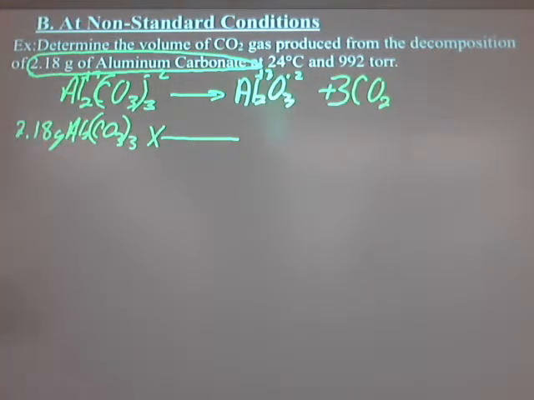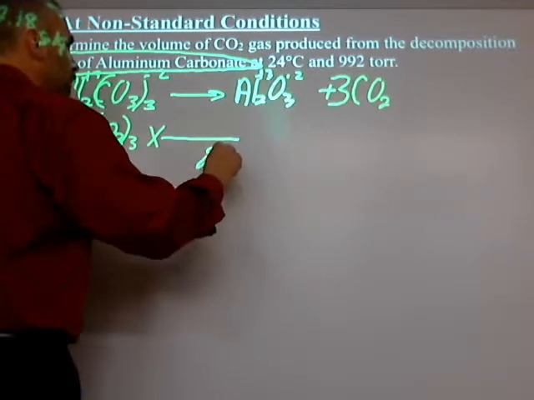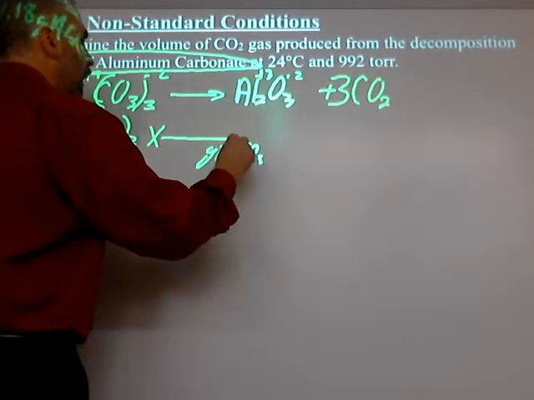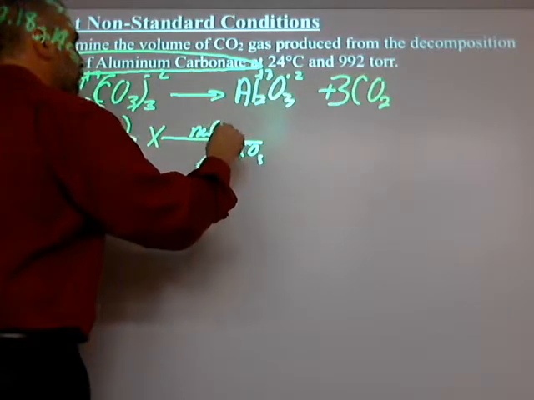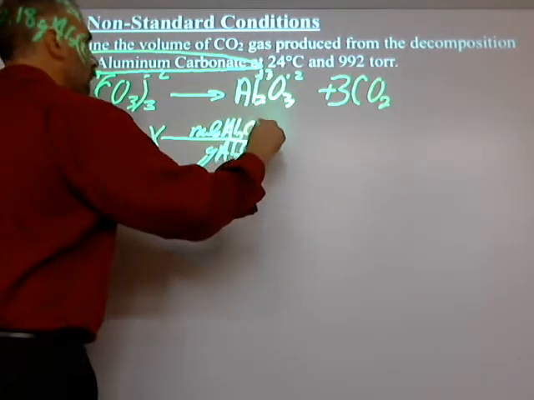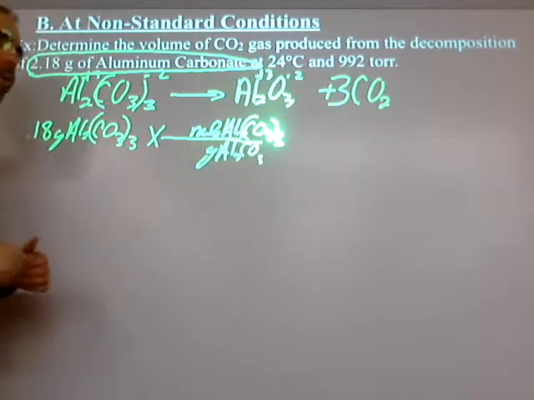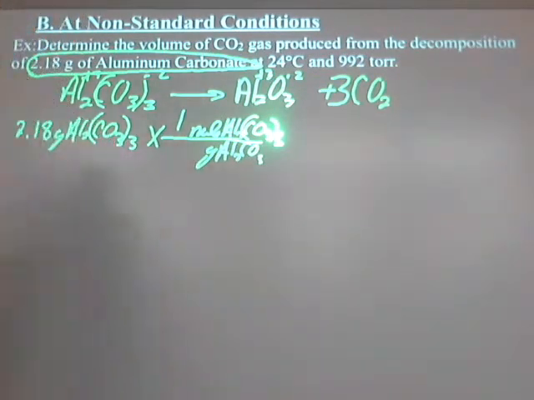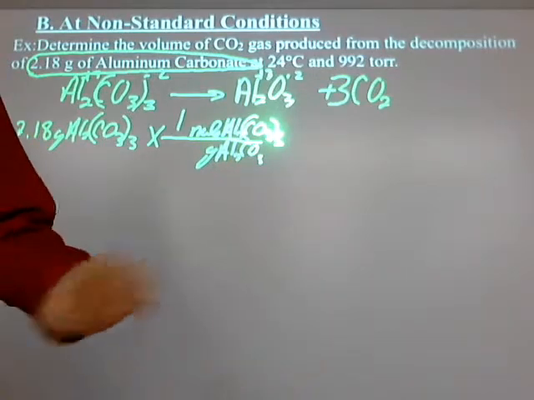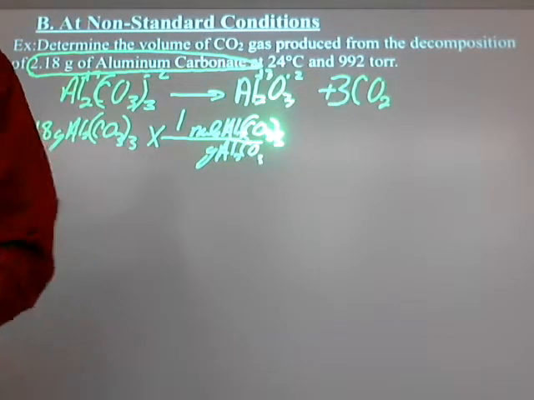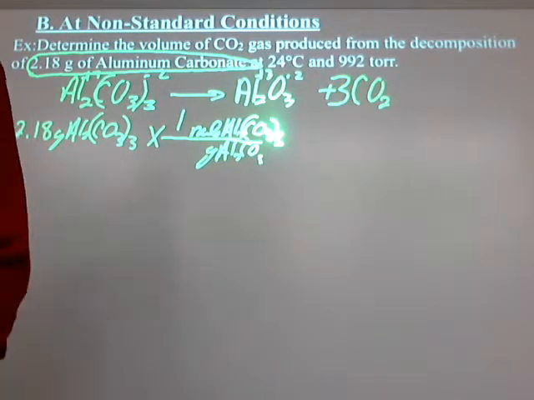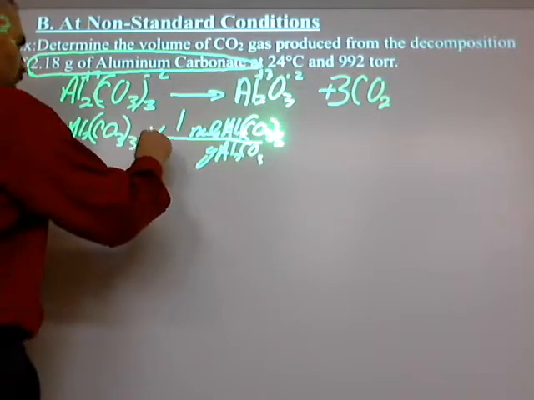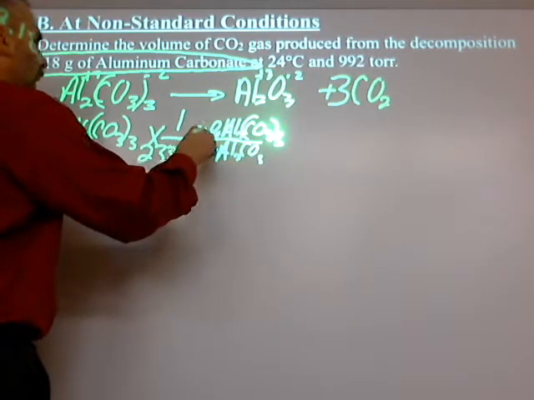What units have to go on the bottom here? Grams of aluminum carbonate, and moles of aluminum carbonate on top. Right? 1 mole contains how many grams? Well, I've got that worked out for you, so you don't have to look it up. It's 233 point something, 233.99, I think, approximately.